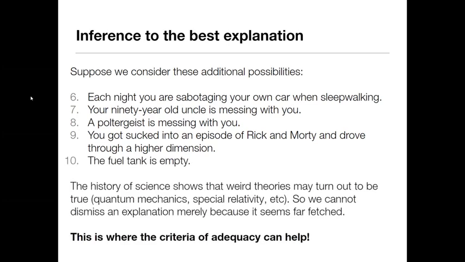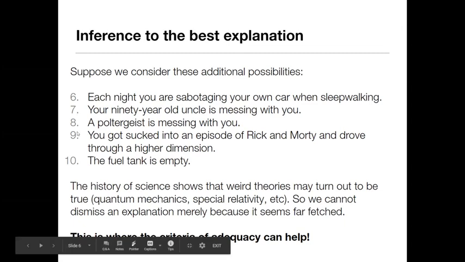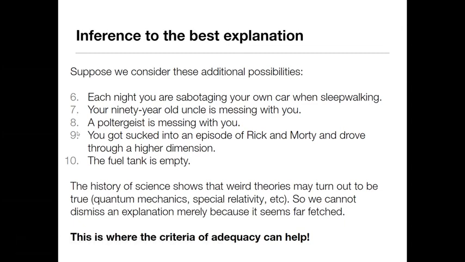Well, I do think that Vaughn, our textbook author, is onto something when he starts talking about the criteria of adequacy. And this is a set of tools that we use. It's not foolproof. It's not like we always go through it like a checklist, but I do think it captures the essence of why we prefer certain explanations over others, and why those procedures are much more reliable and lead us to more plausible explanations than these kinds of things.